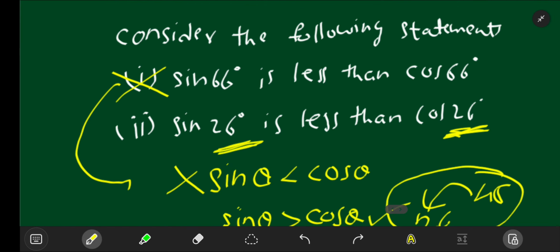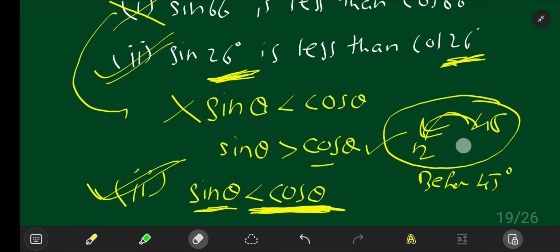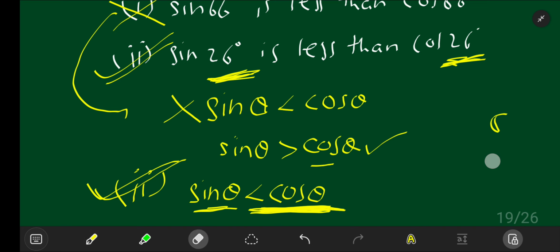So this is the correct statement. Only the second statement is correct. The first statement is a false statement. Okay.